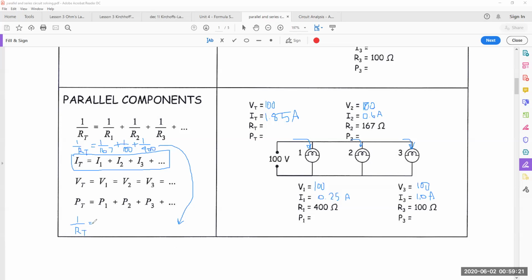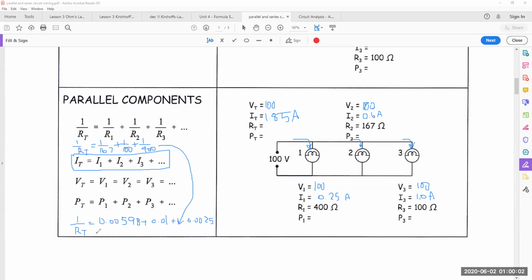So here you say 1 over R total is equal to 0.00598. Put in as many digits as you can. Plus 1 over 100 is 0.01, and 1 over 400 is 0.0025.